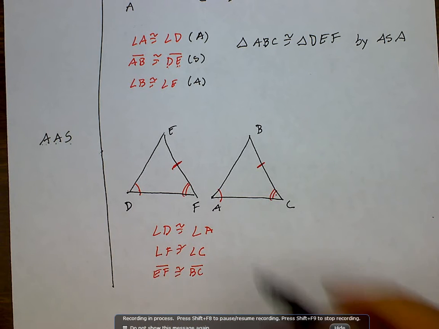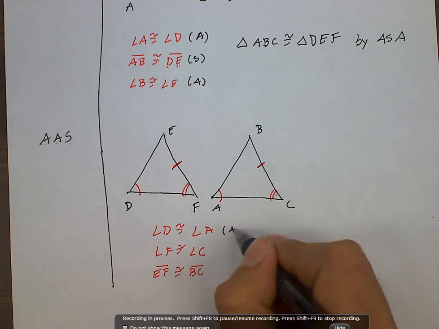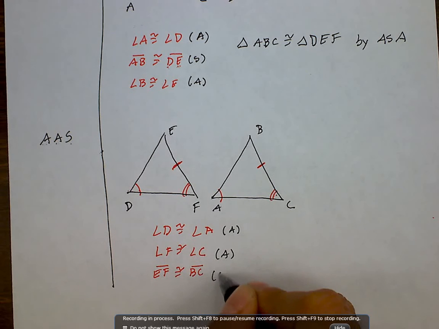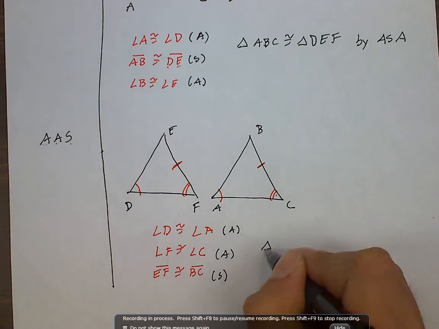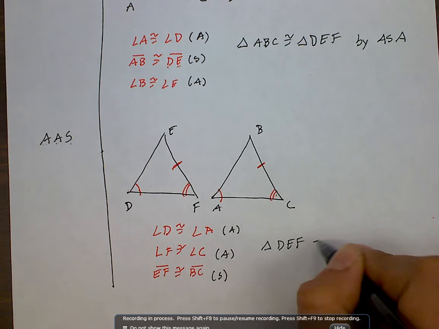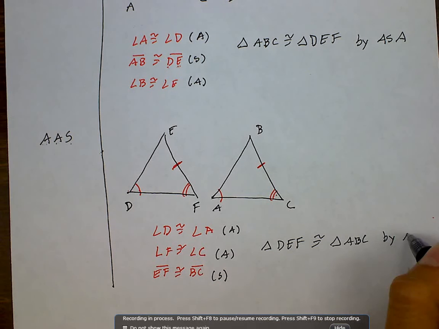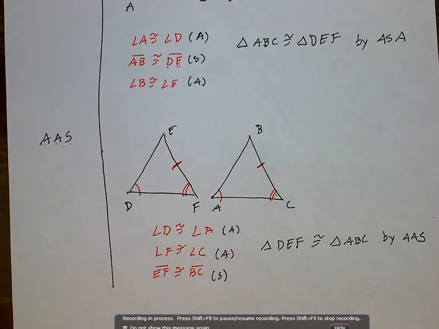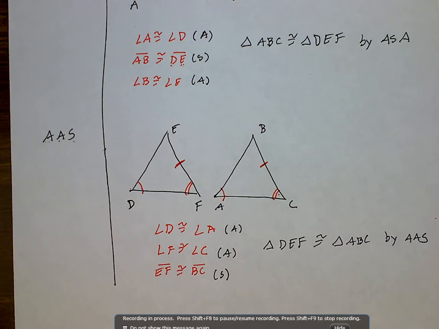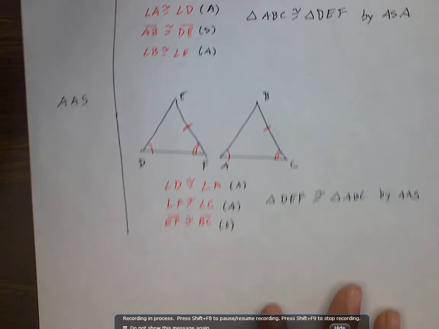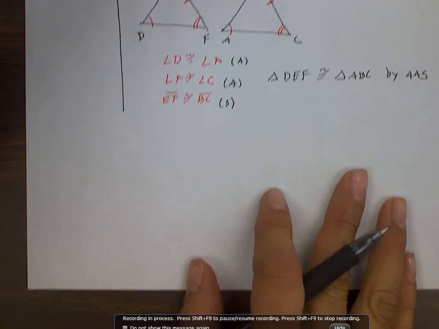Now, if you label this, that's an angle, and that's a side. So triangle DEF is congruent to triangle ABC by angle, angle, side. Okay, so let's go ahead and do some examples on this.